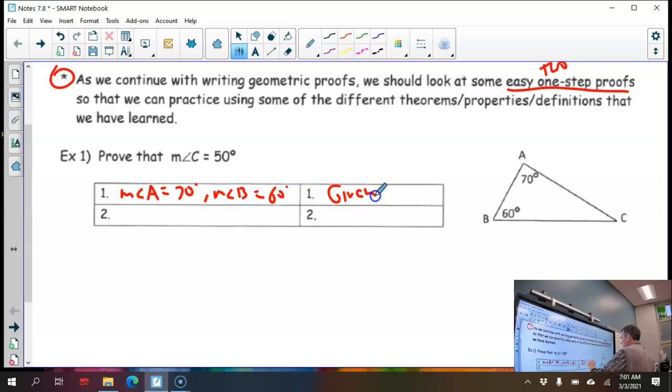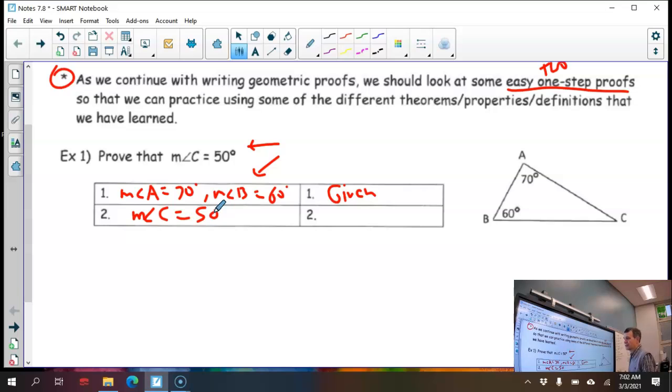And that is given. So basically we're saying, if this is true, then does this have to be true? And I think you know it does. If those two angles are 60 and 70, then I think I can conclude that the measure of angle C equals 50. Do you know why?